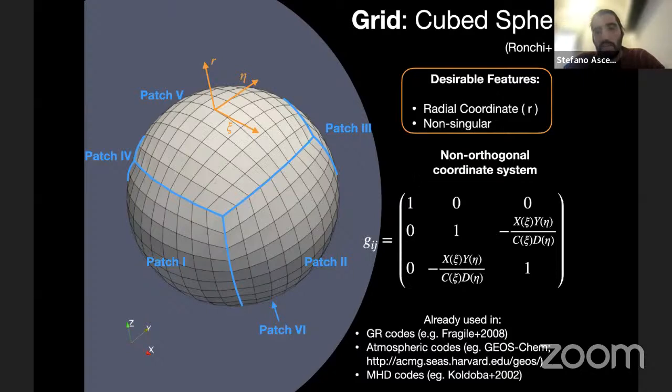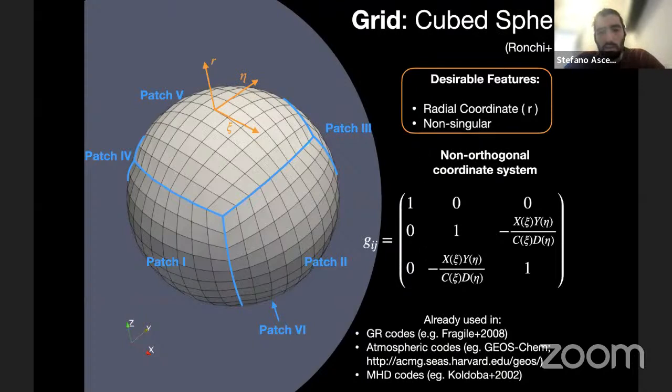And the price to pay to have these two features at the same time is that the grid is not orthogonal anymore, as you can see. And this makes the equations much more difficult, as you can expect.